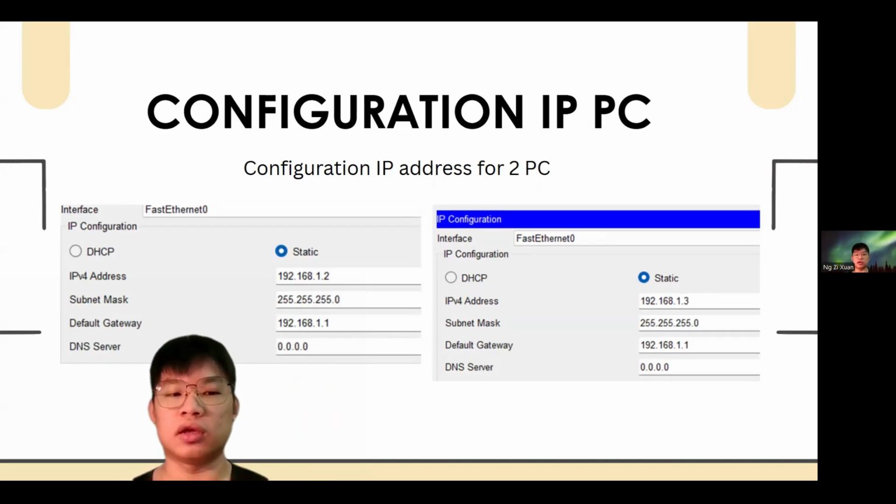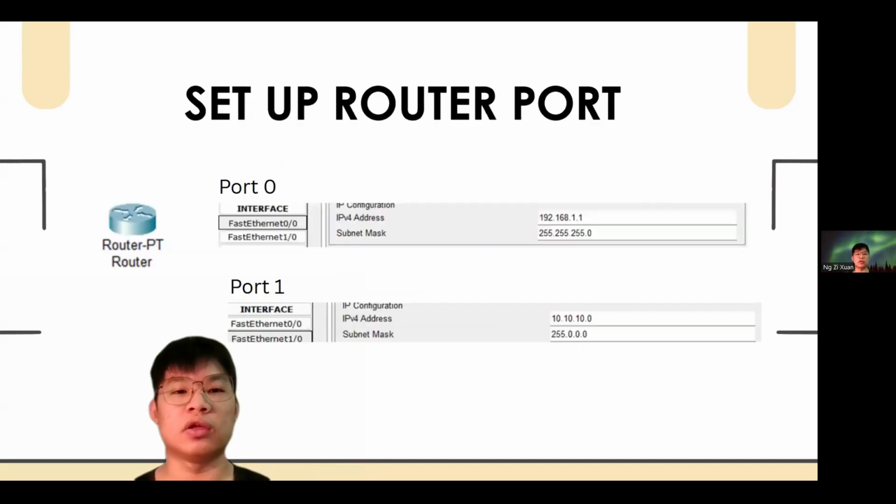I put the IP address 192.168.1.2, and the other PC is 192.168.1.3. After that, I put the default gateway as 192.168.1.1. After that, we need to go to the router to set up the ports.